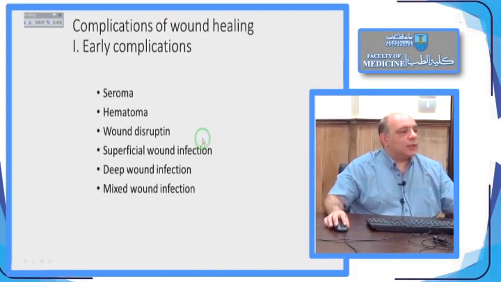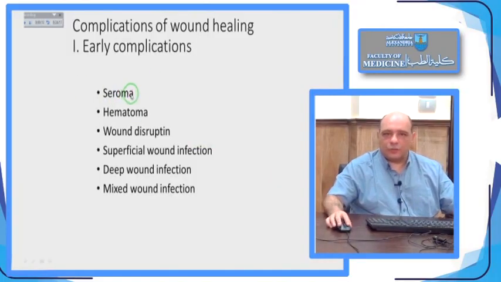From the early complications we have seroma, which is a collection of serous fluid underneath the wound. Hematoma, of course you know, a collection of blood. Wound disruption can happen. Superficial wound infection, deep wound infection, mixed wound infection.